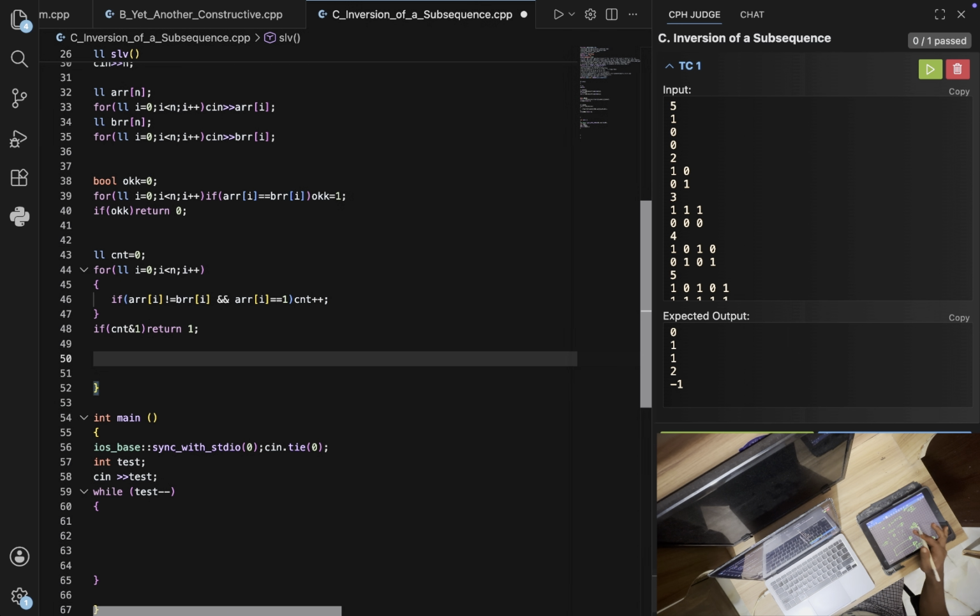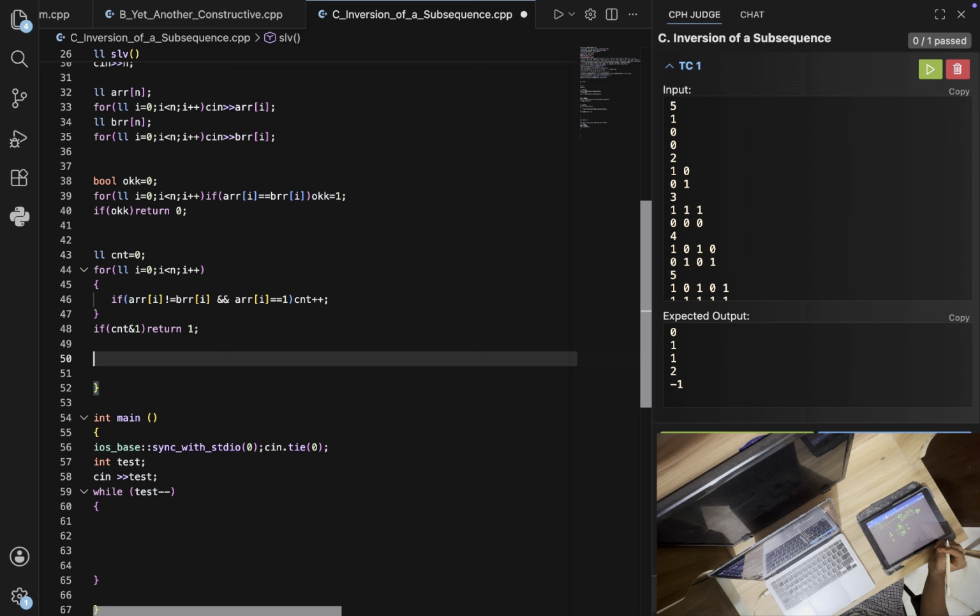Okay, if count is even, I mean non-zero even, it's also always possible, I guess.